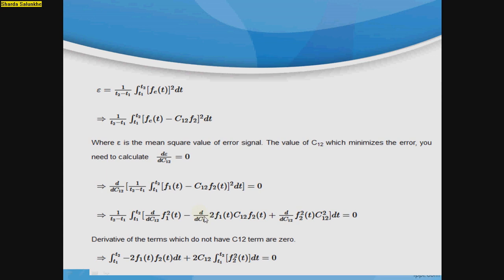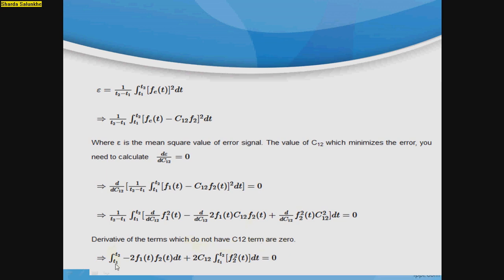So the derivative of the terms which do not have the c12 term is 0. So all are remaining constant.